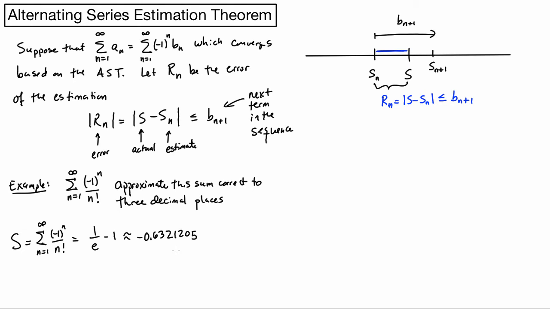What I want you to do is find n so that Sn is equal to negative 0.632, meaning it's correct to 3 decimal places.